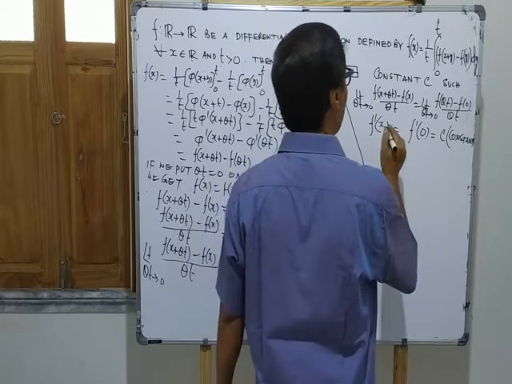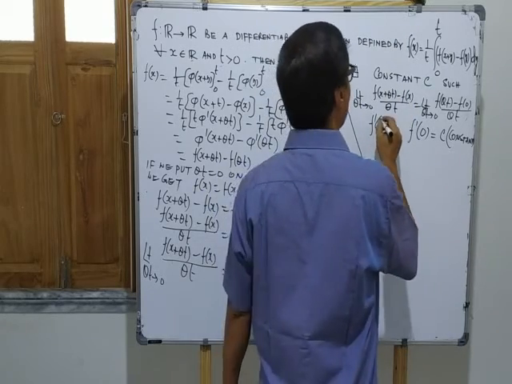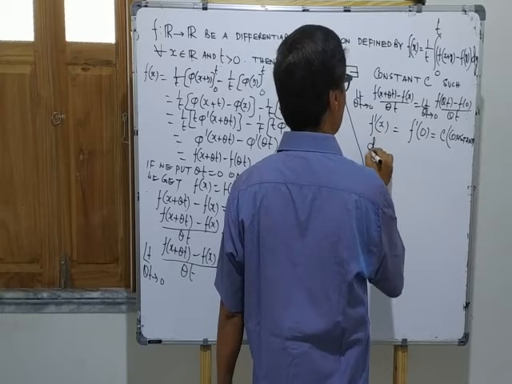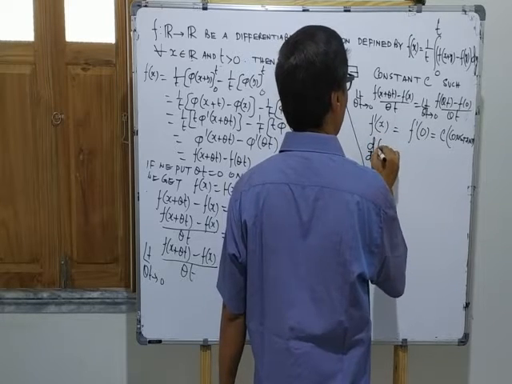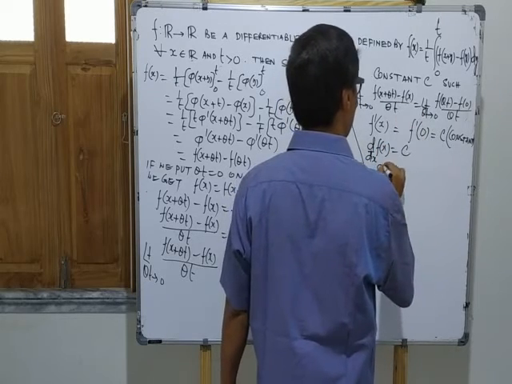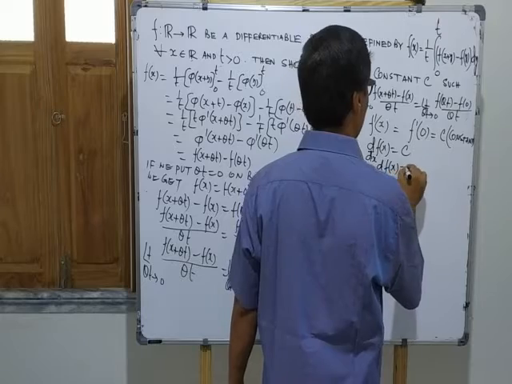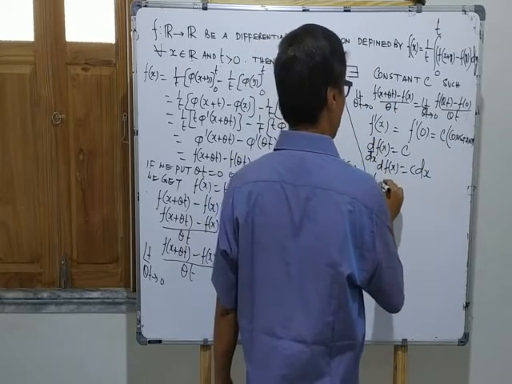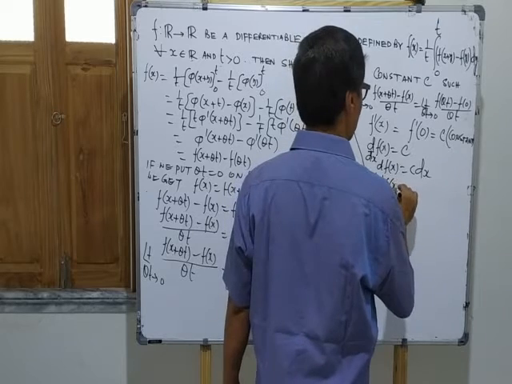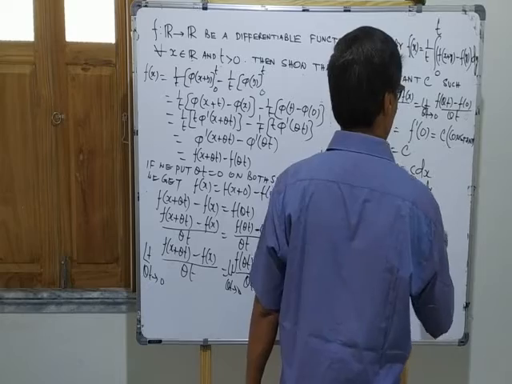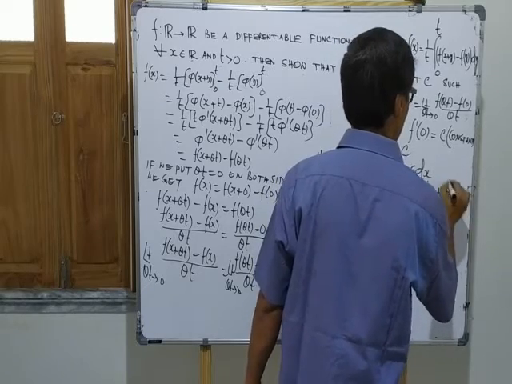So f dot x is also the derivative of f x, so we can write d dx of f x equal to c, that is, d of f x equal to c dx. If we integrate, we get f x equal to integration c dx plus integration constant d.